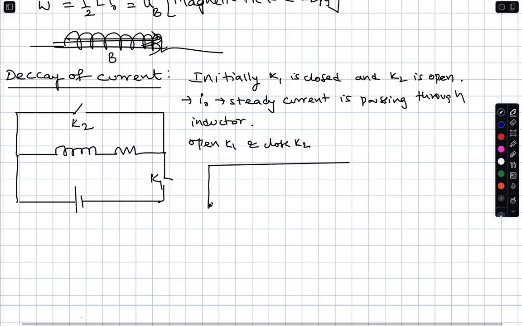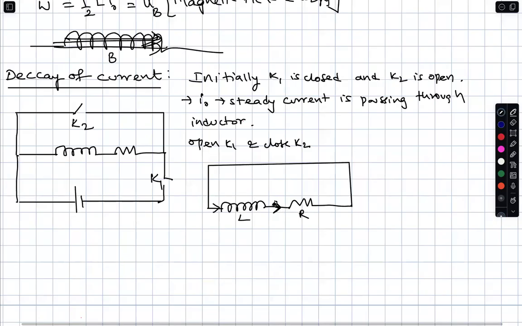This is the circuit above. That's the current. That is how the current flows.